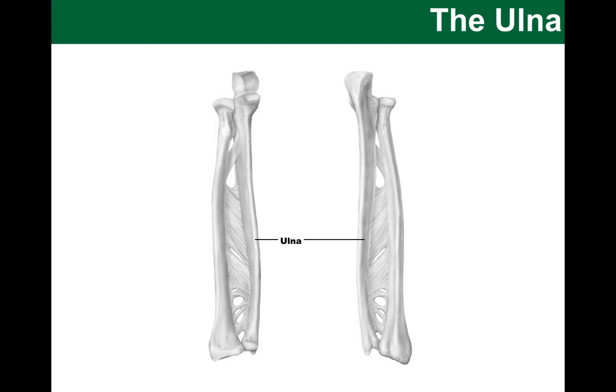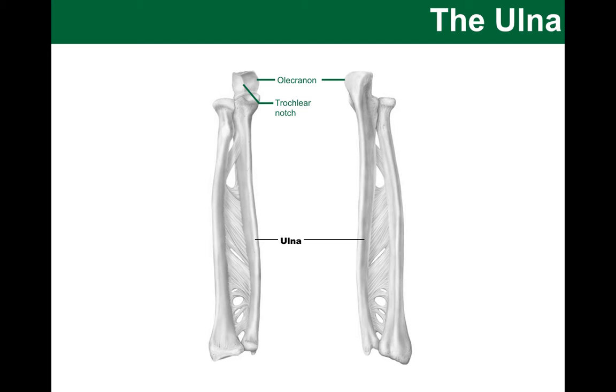Let's start with ulna. This is the medial of the two forearm bones. And see, this is why you needed to learn about the anatomical position. Again, on the left we have anterior view and on the right we have posterior view. So at the proximal end, we have few parts that you need to know. Olecranon process grabs the trochlea of humerus on the posterior side.